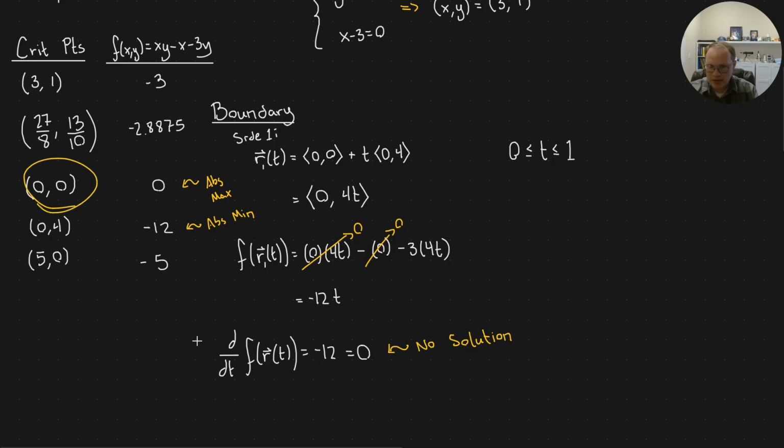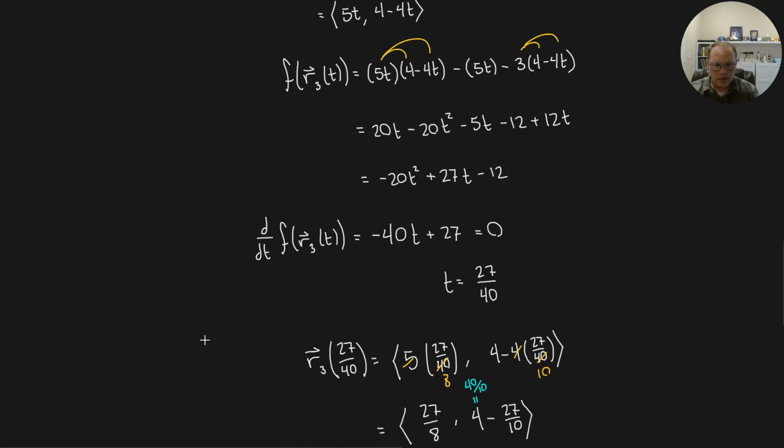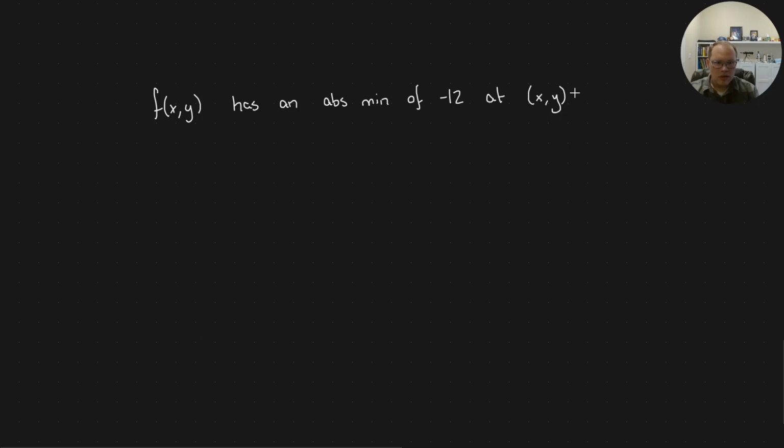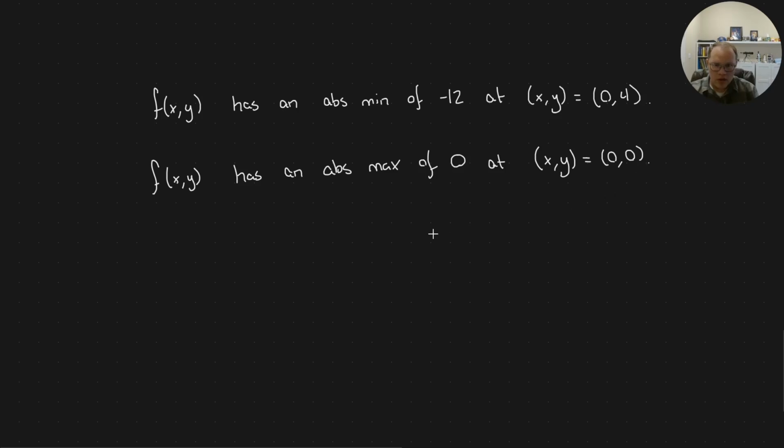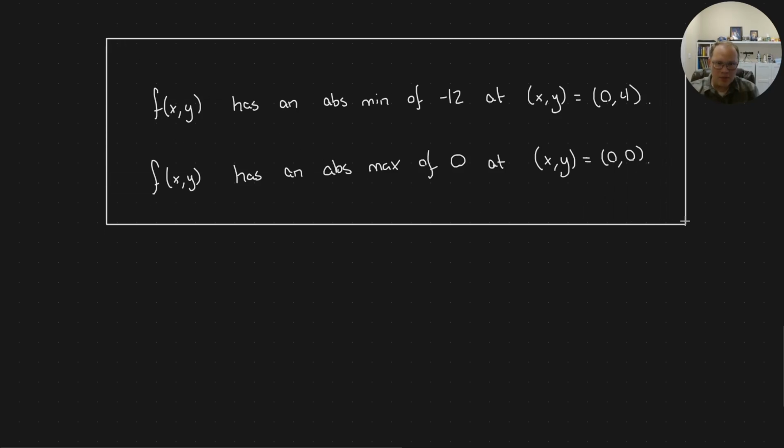The absolute maximum was 0 at (0, 0). f(x, y) has an absolute maximum of 0 at (x, y) equals (0, 0). So these are the absolute maximum and absolute minimum values of function f and where they are on the domain that we were restricted to.